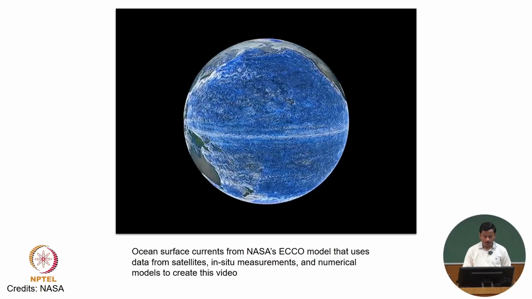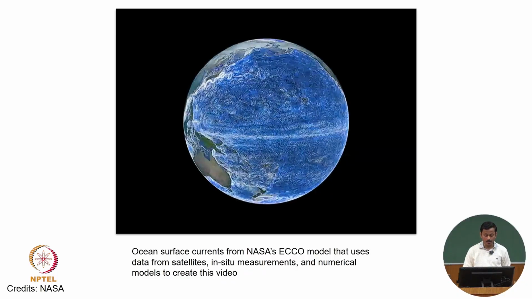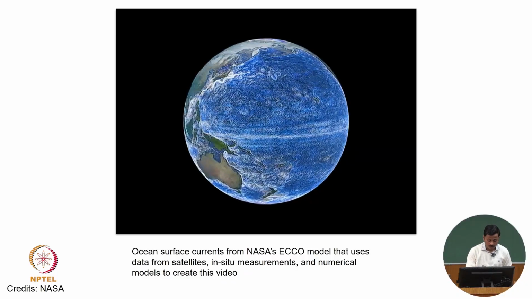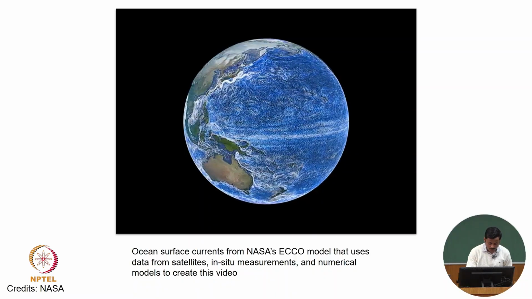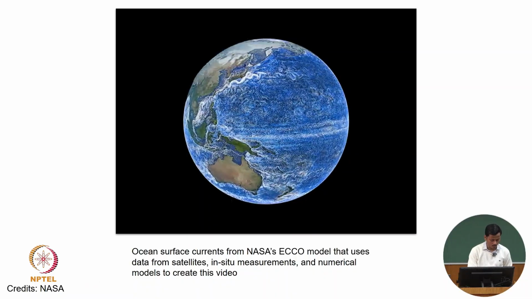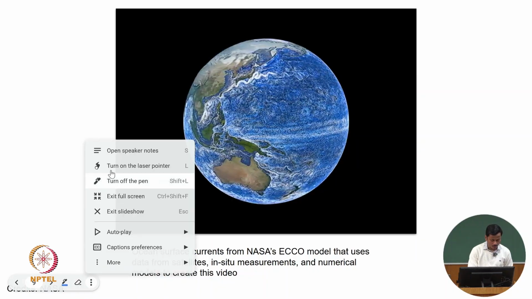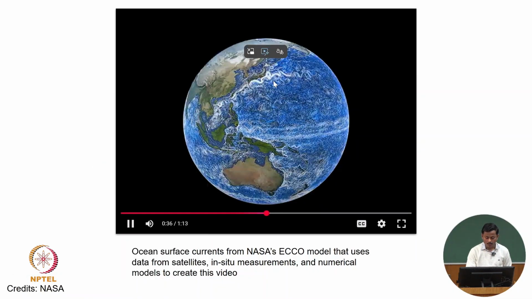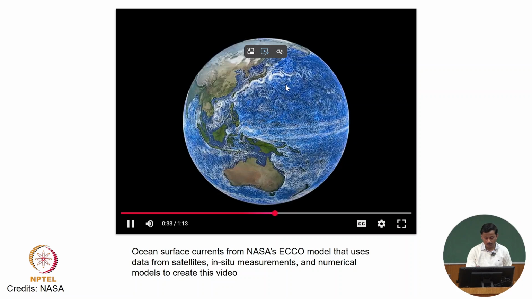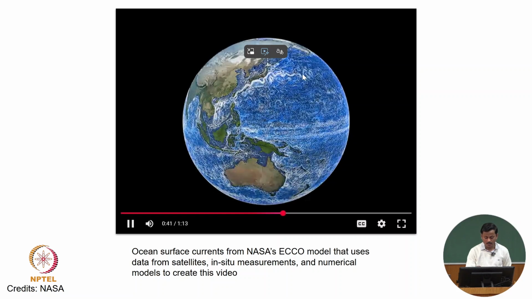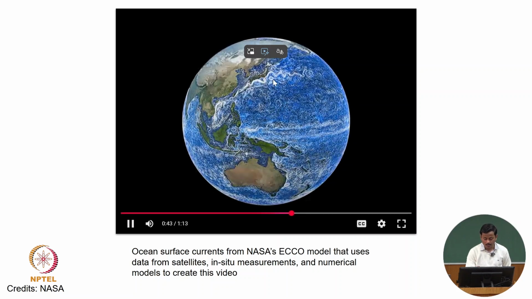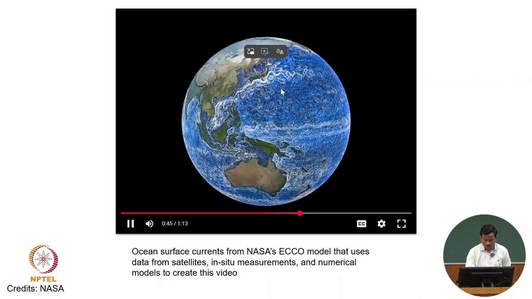It's a 1 minute video that will show various features that are happening in the ocean. As you can see, this is one of the major currents that I pointed out, and you can see that it meanders across the coastline, and also breaks down into small scale vortices.